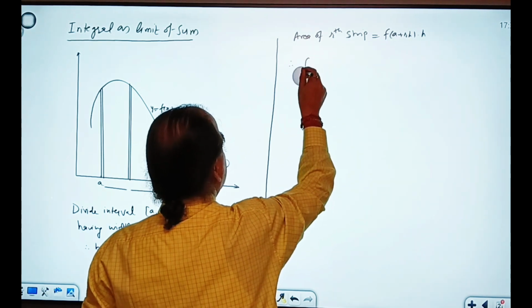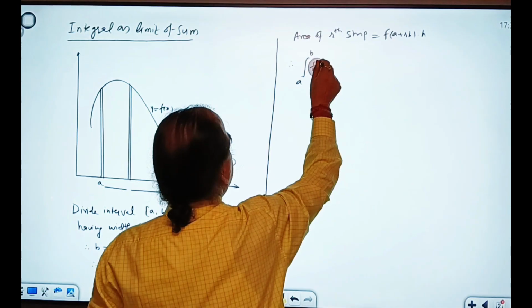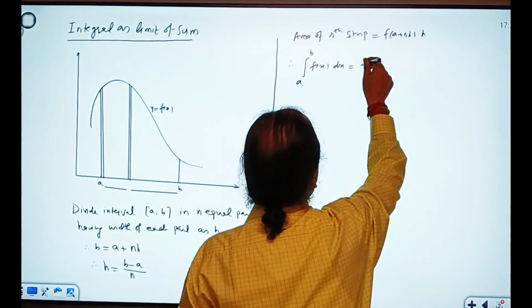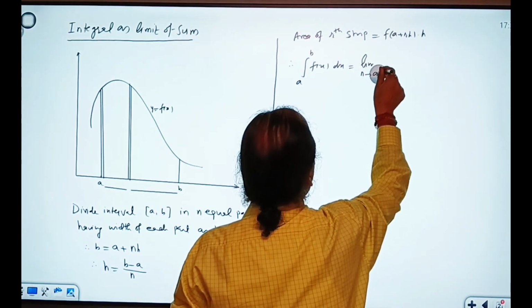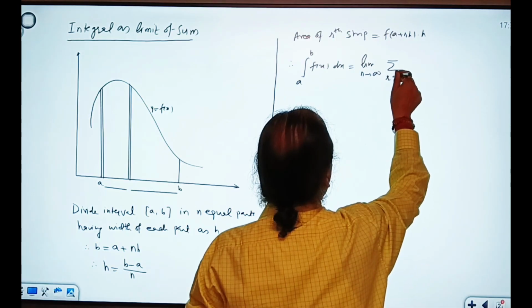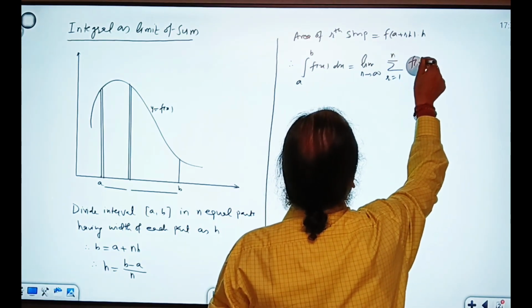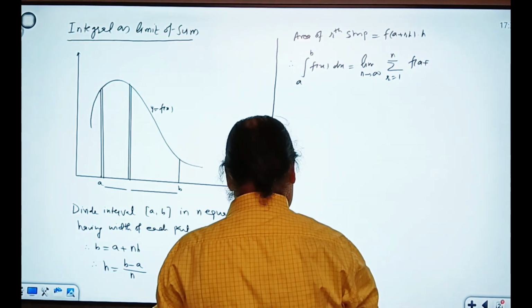Therefore, area under a to b, integral f(x) dx, is defined as limit n tends to infinity, sigma of f of (a plus rh) into h.